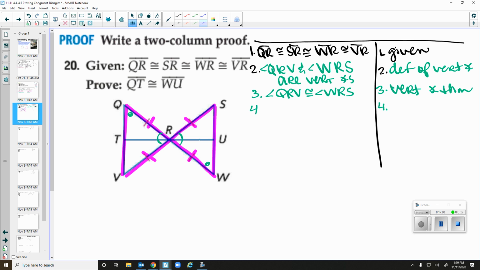Which then means we have a side angle side of that triangle on the left. Side angle side, triangle on the right. So we can say the entire triangle of QRV is congruent to the entire triangle of WRS by side angle side.